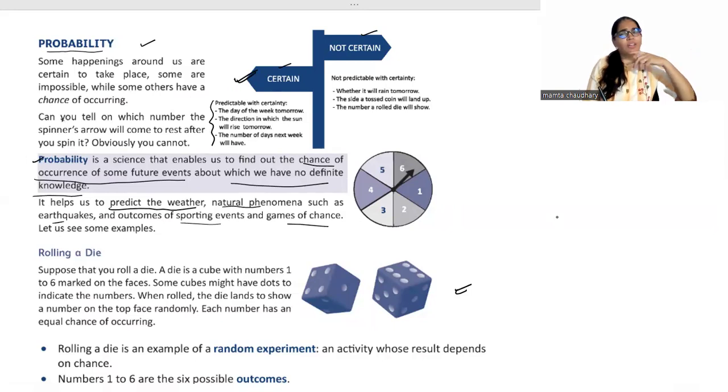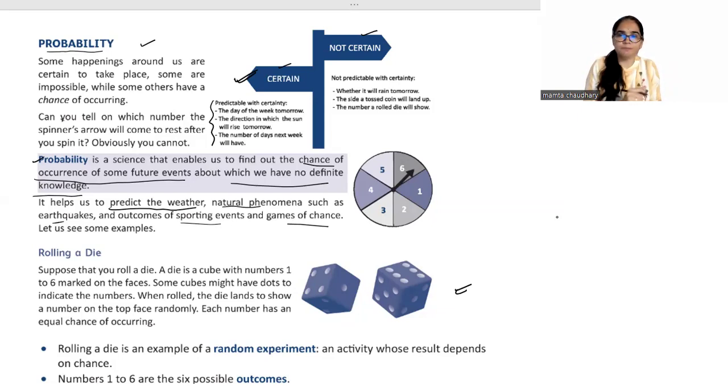We feel that yes, this team will win. How? Because the team had more chances of winning in the past. So because of that past data, we are just finding the chance of winning. Like that, we can see many examples in our daily life where we can use probability.